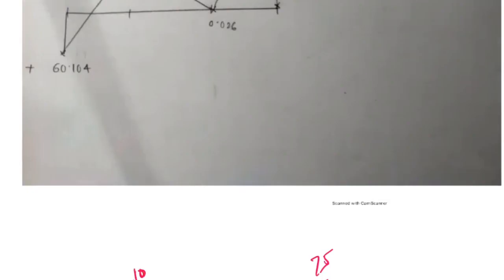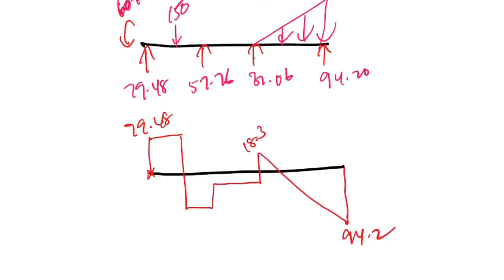So it's actually like this. Start from 79.48 minus 150, we get 70.52. 70.52 plus 57.76, we get 12.76. 12.76 plus 31.06, we get 18.3, and then we get 94.2.